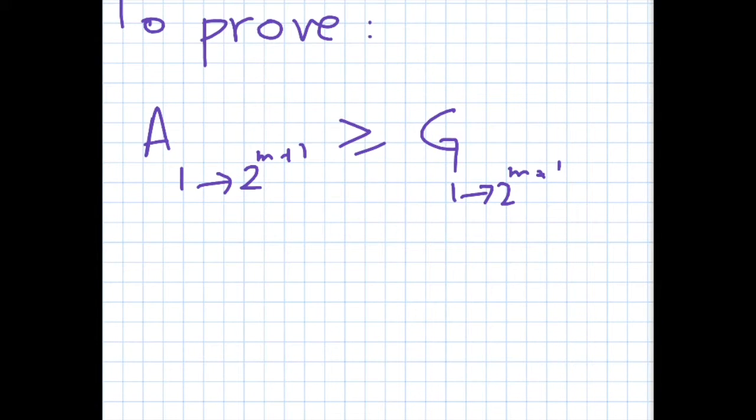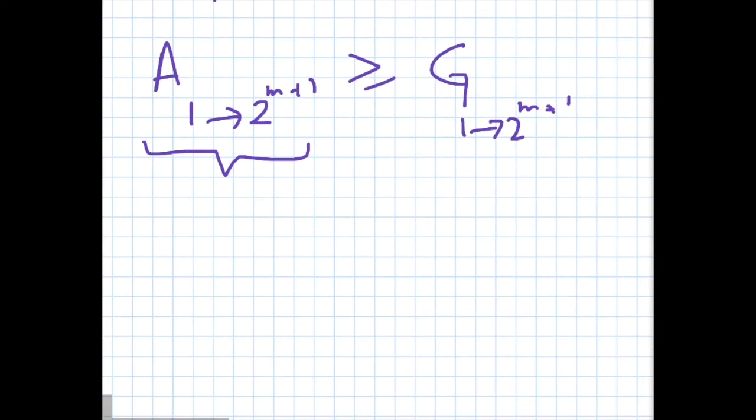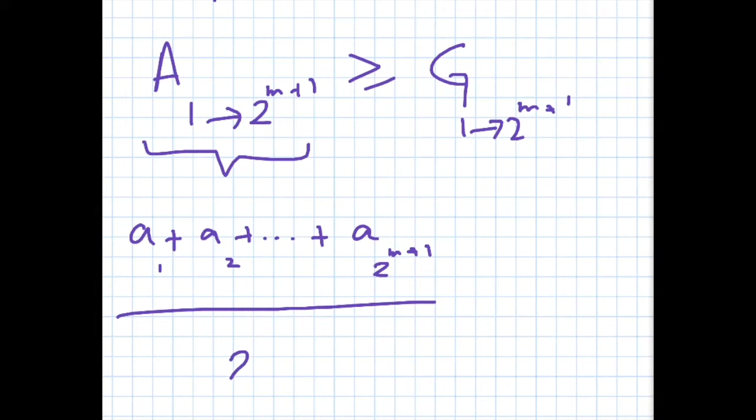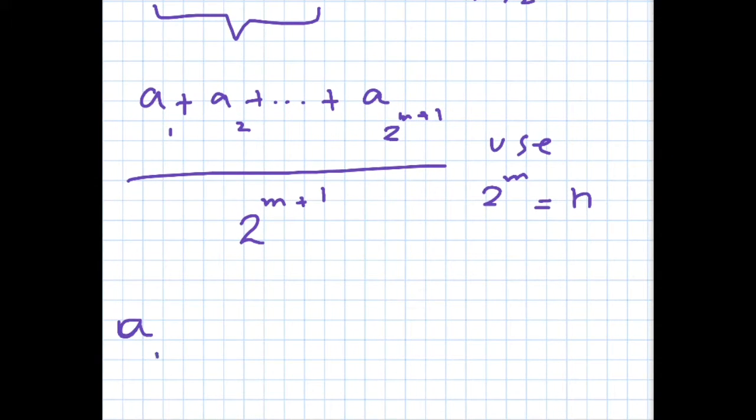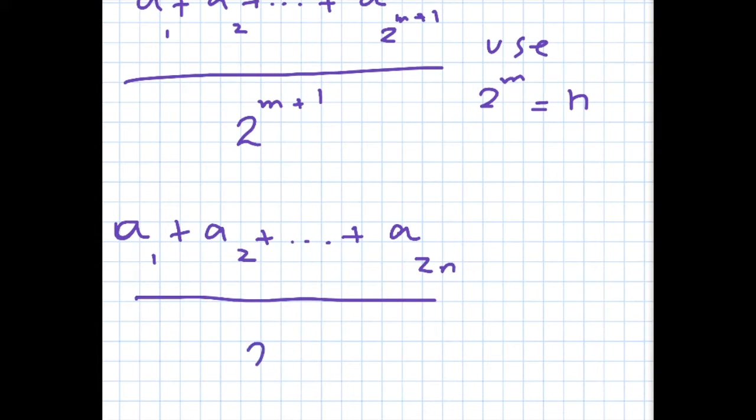What is this term? It is a1 plus a2 plus up to a to the 2 to the m plus 1, divided by 2 to the m plus 1. Since 2 to the m is equal to n, we can just say a1 plus a2 plus up to a 2n, divided by 2n.